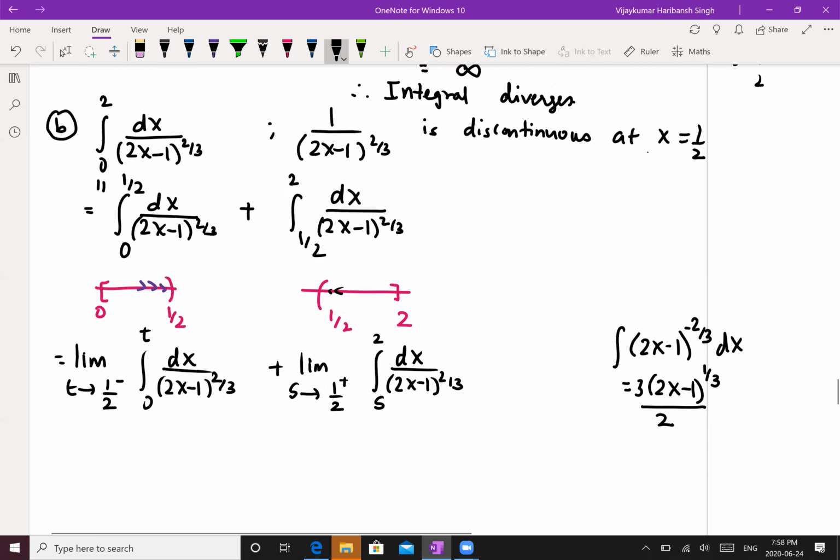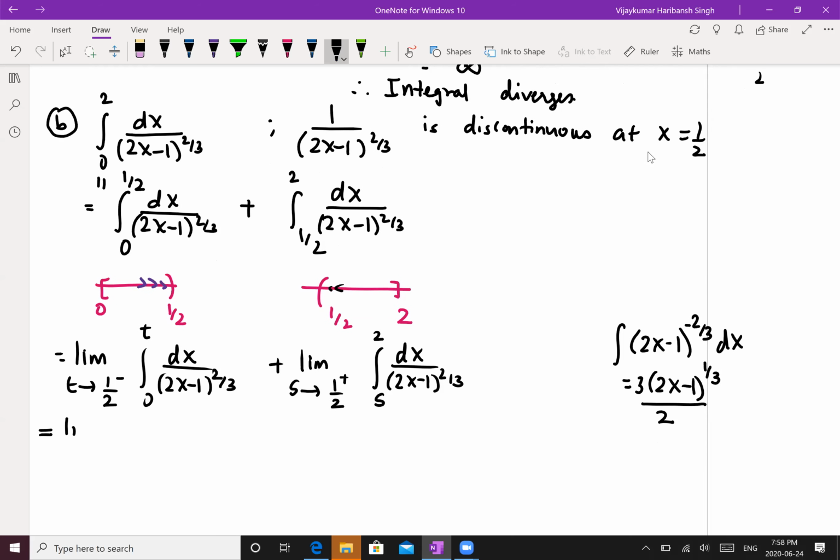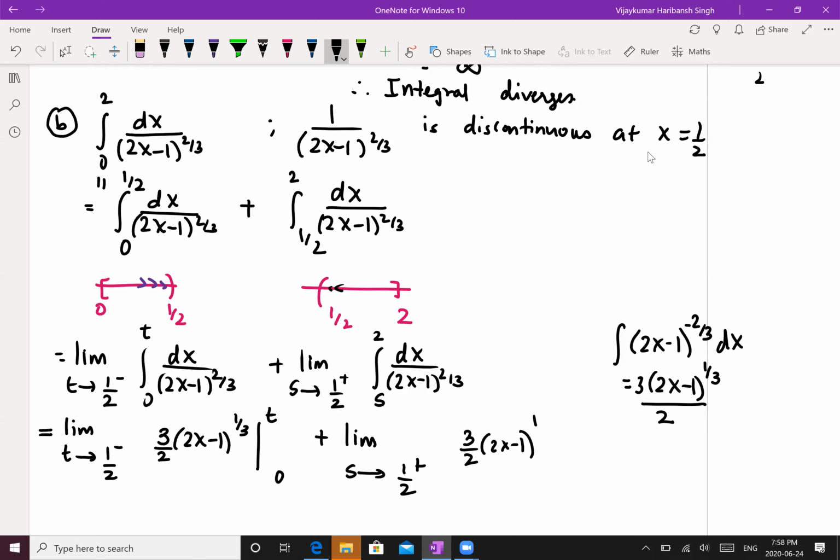So this is going to be the limit as t goes to half from minus, we have 3 by 2 times (2x minus 1) to the power 1 by 3, with limits 0 to t. And in this case, the limit as s goes to half plus, 3 by 2 times (2x minus 1) to the power 1 by 3, s to 2.